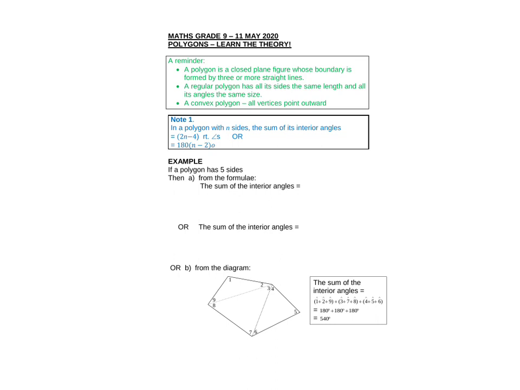There's no openings. Then a regular polygon has all its sides the same length and all its angles the same size. Okay, like in a regular hexagon, where all 6 sides are the same length.